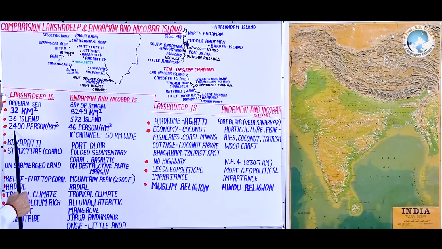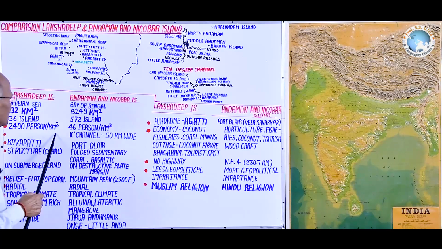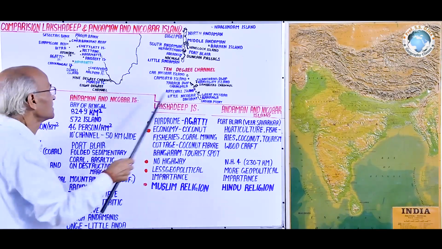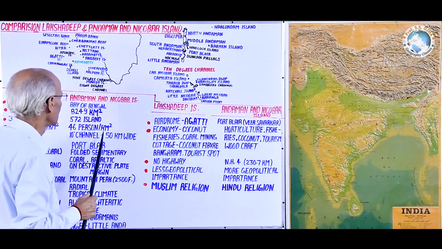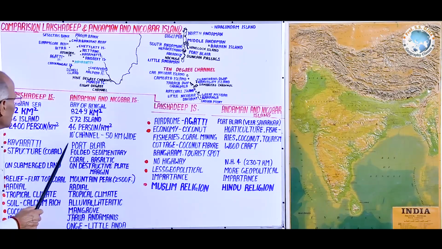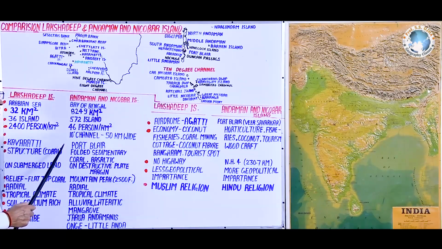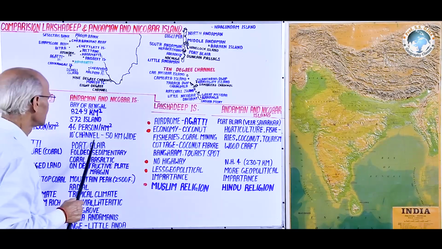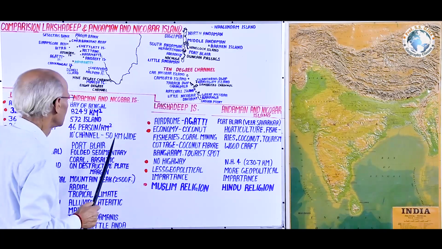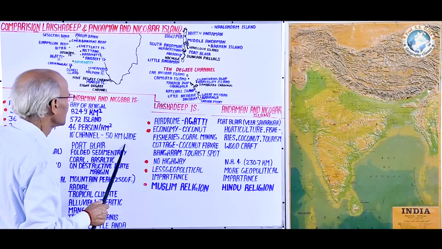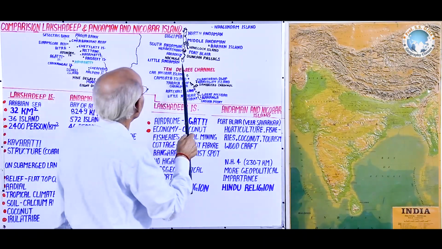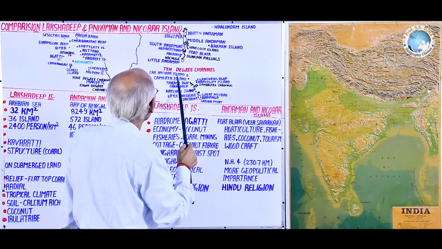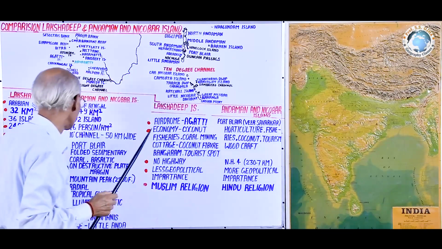Lakshadweep has a population density of 2,400 persons per km square, while the population density in Andaman and Nicobar is less, 46 persons per km square, meaning sparsely populated. About the 10-degree channel, we have studied that its width is 50 km, meaning the distance between Little Andaman and Car Nicobar is 50 kilometers.